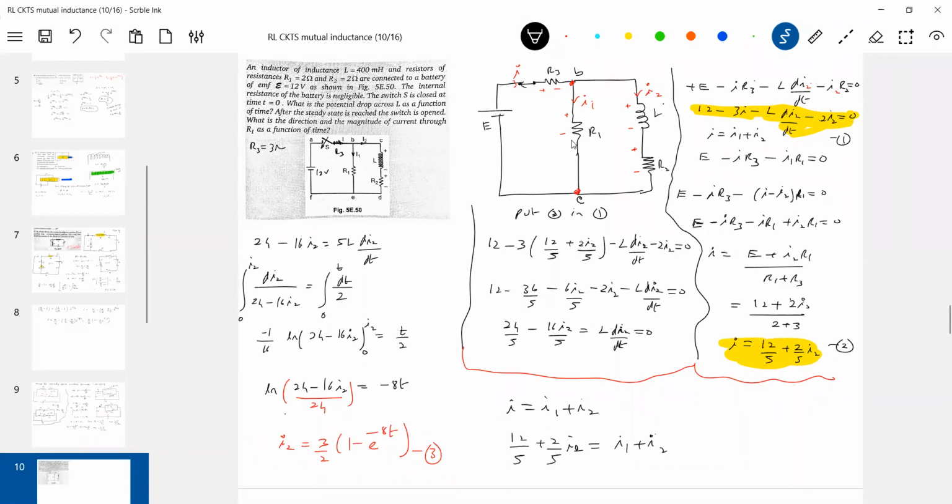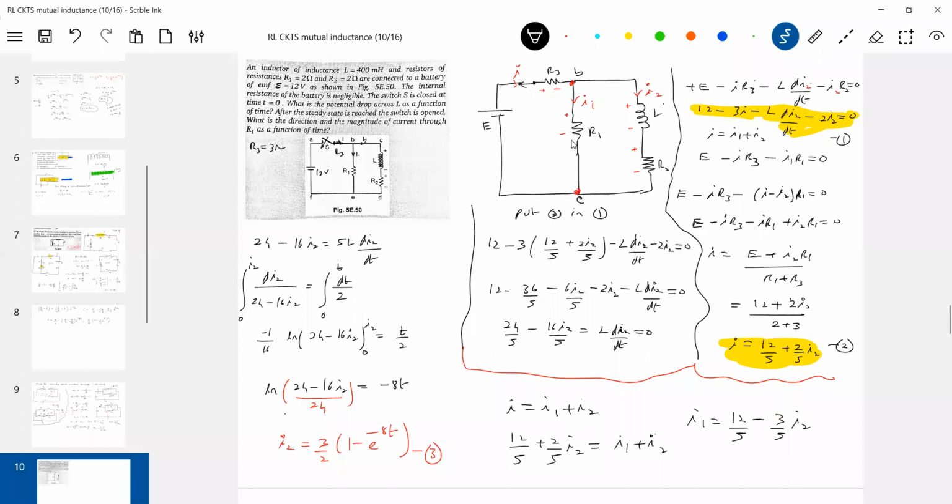I know the value of I2, I'll substitute here and get the expression for I1. If I send this to this side, it will be 12 by 5 minus 3 by 5. Now substitute the value of I2 here. We'll get I1 as a function of time, not a constant.